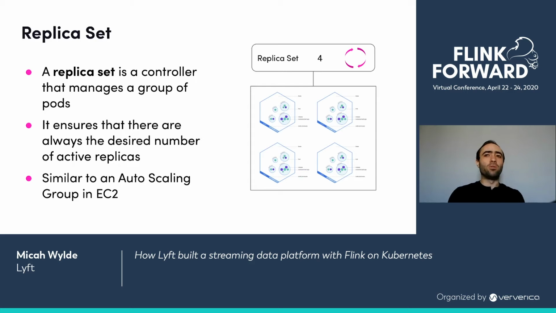This is very similar to an autoscaling group, if you know of EC2. It basically is a pod definition along with a number, which is the number of those pods that you would like. And the replica set controller, when it sees you want 4 of these pods and there's actually 0 of them, it'll go and create the pods so that the configuration matches the environment.